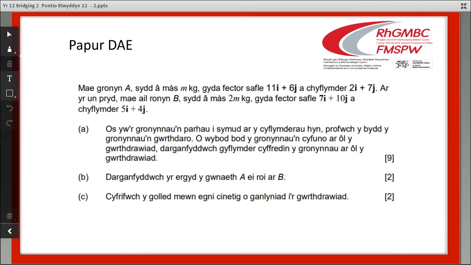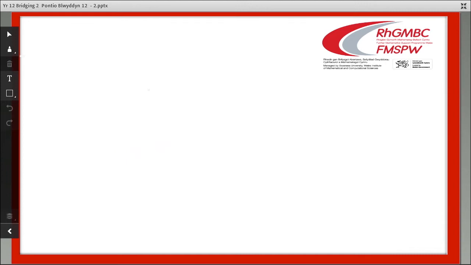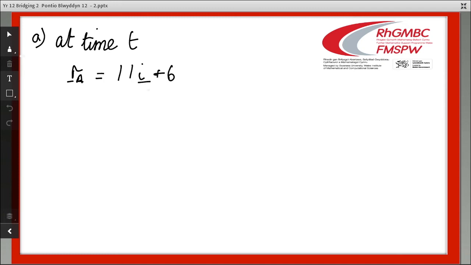Now, in terms of the solution, for part A, at time t, we have that the position vector of A, which is R subscript A, is its original position vector, which is 11i plus 6j, plus speed times time, or in this particular question, velocity times time.